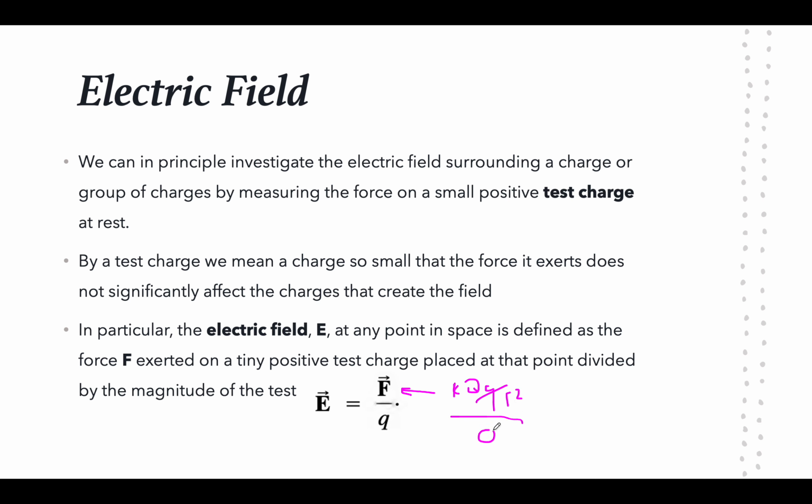And if we divide this by q, then another formula for electric field will be E equals k Q, the charge producing the field, over r squared, right? So as we can see, the test charge has no effect on the field it feels. All right, so the electric field is solely created by the charge creating it.